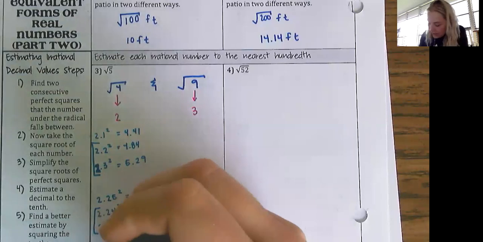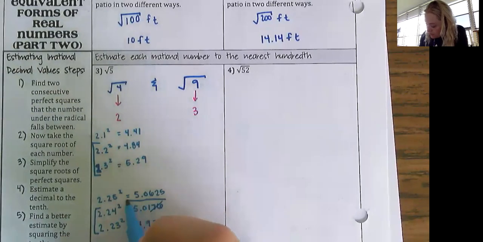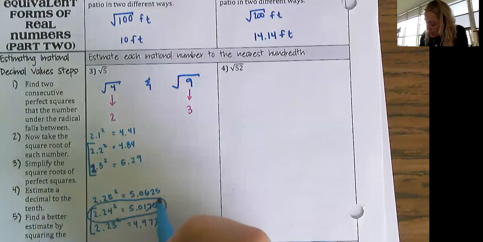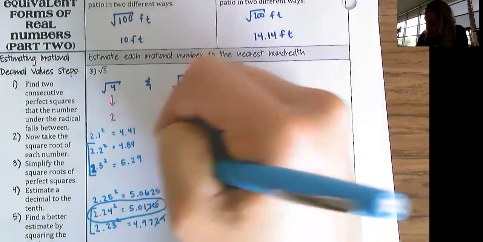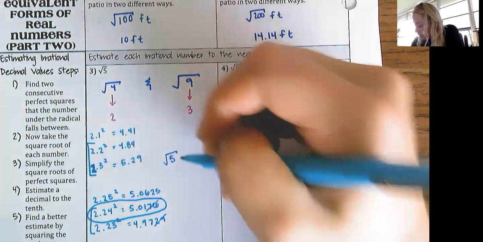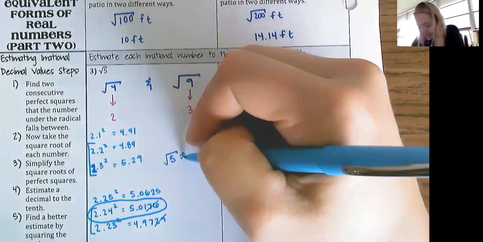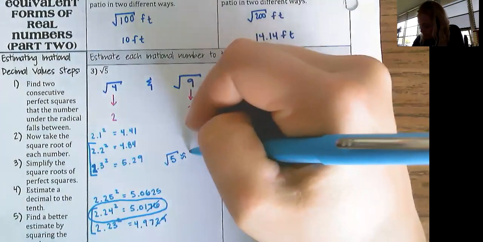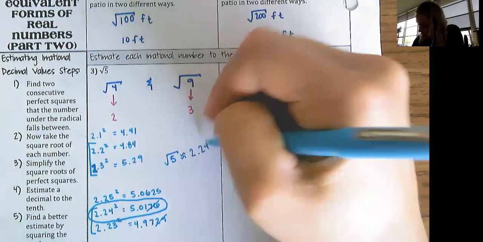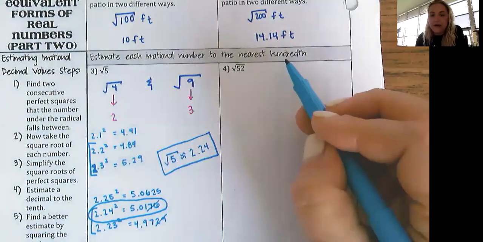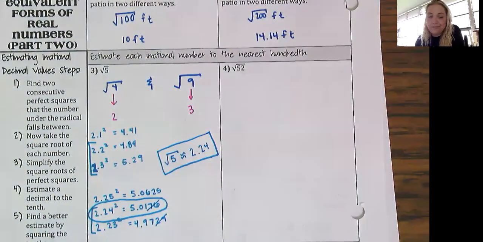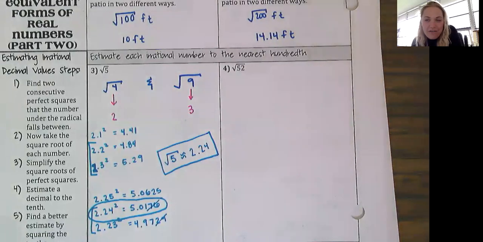So I'm going to go with this as my closest estimation. I'm going to say square root of 5, and then I'm going to use the approximate symbol. It's a squiggly equal sign, is approximately 2.24. Now the reason I stopped at hundredths is because I know how to read, and the directions said round to the nearest hundredth.